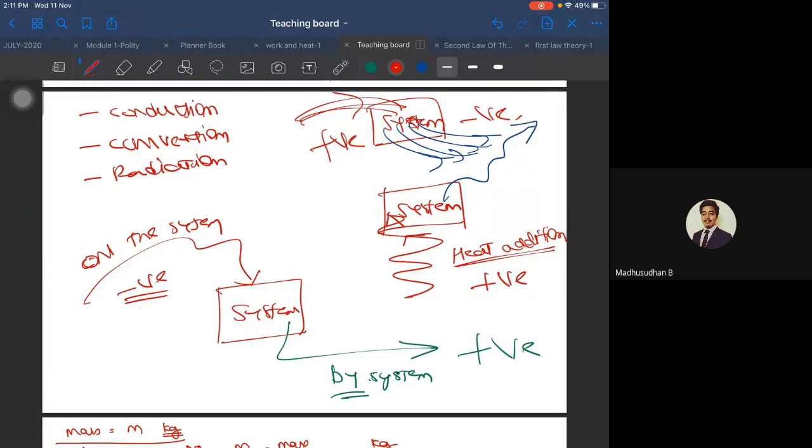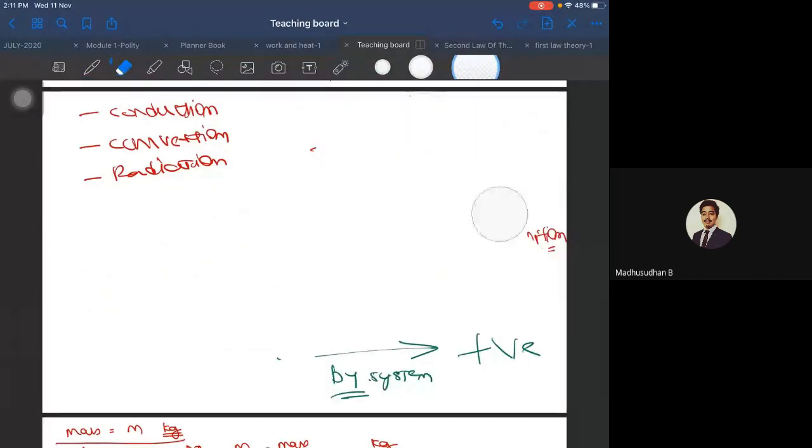And if the system is losing the heat, then it should be taken as negative. Any confusion in these sign conventions of heat? When should it be taken positive, Narendra?